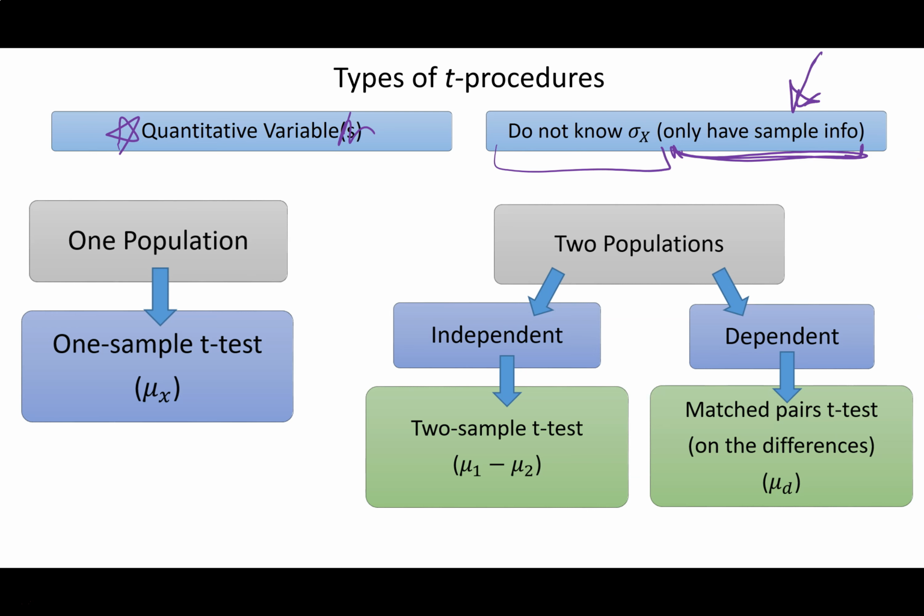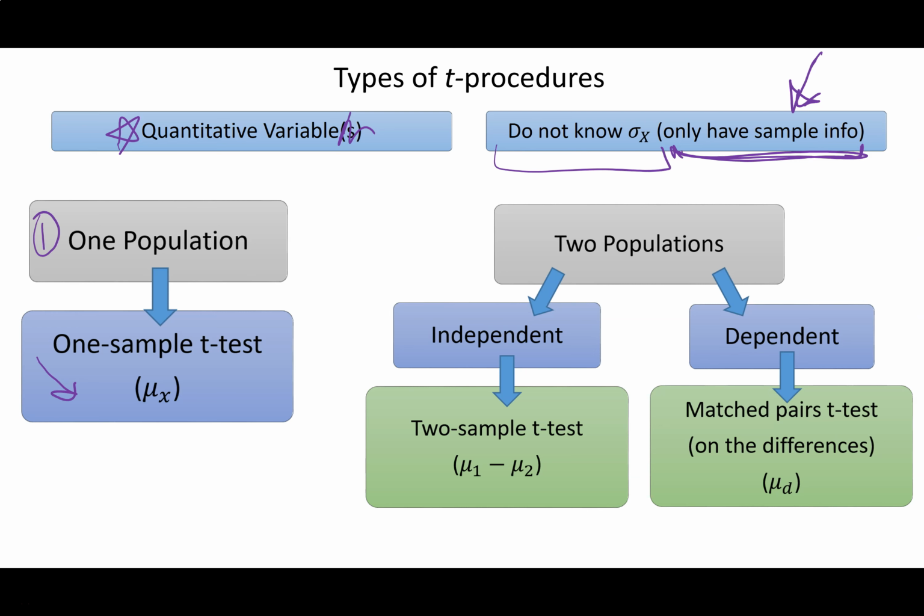So from there, you determine, okay, do I have one population, two populations? Future weeks, we'll worry about more than two. So if you have one, you're going to do a one sample t-test. You can also do one sample t procedures for confidence interval.